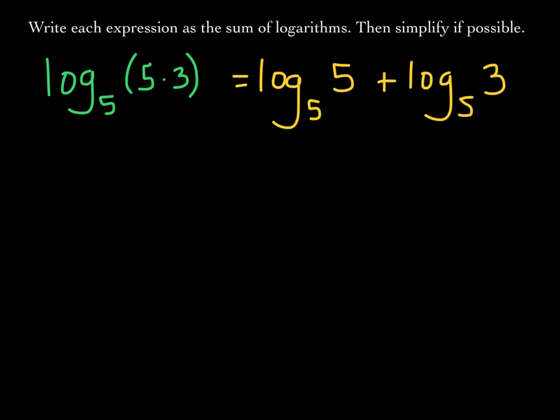You see, this is a sum of logarithms. And so what we do is we split it into two logarithms with the same base, base 5, base 5. And then this argument is the first factor, and this argument is the second factor.